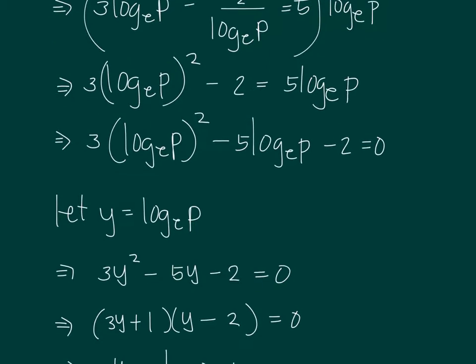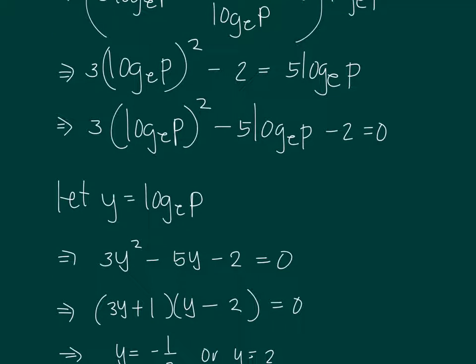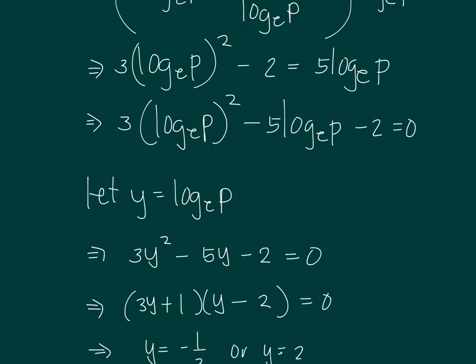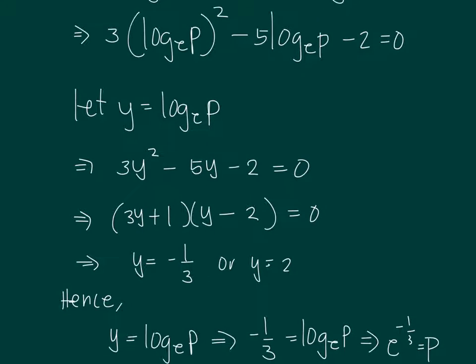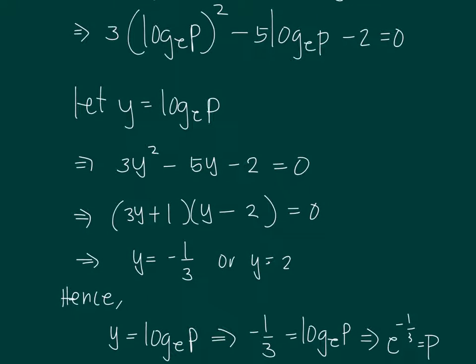This is a similar strategy to what we did in the previous item. We set a value for this, let's say y, which will make it 3y squared minus 5y minus 2 equals 0, which is exactly this. Then from here, you factor the quadratic equation and you get these two factors, 3y plus 1 and y minus 2.